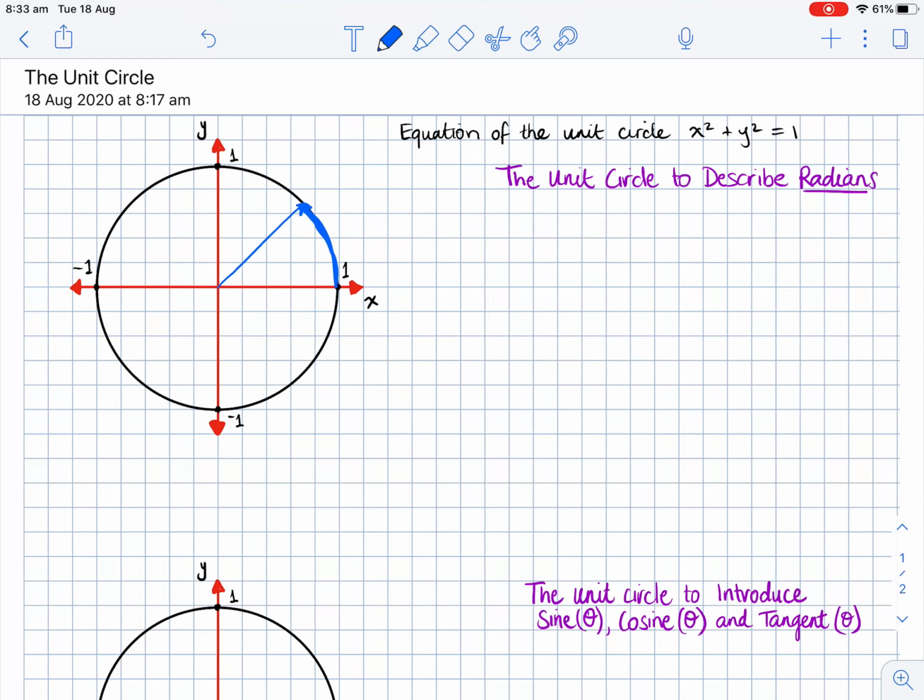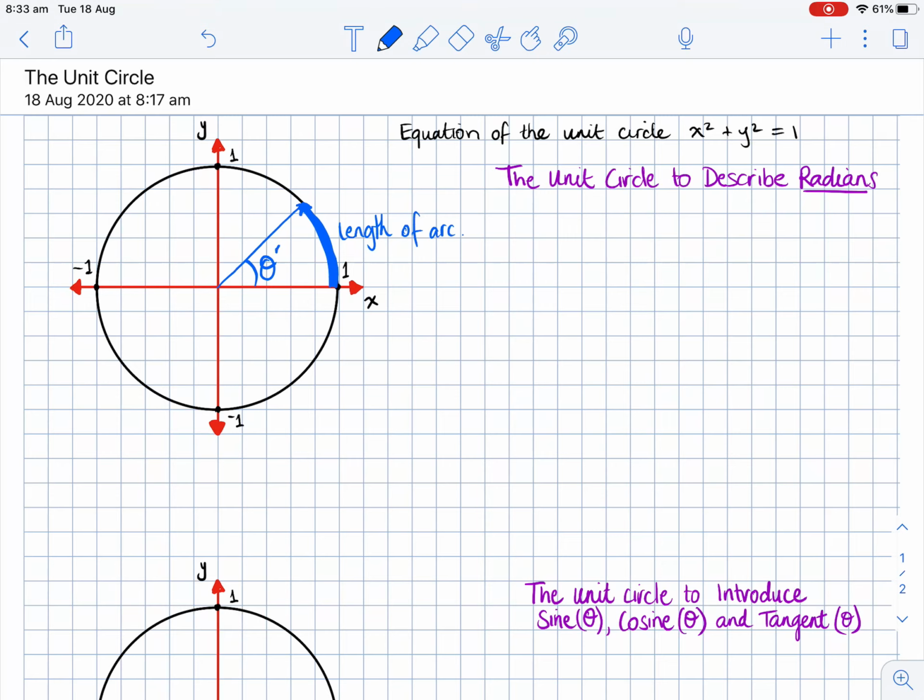So if I want to work out this angle in radians, I would be looking at what is the length of this arc. And I'll actually work that out soon, but not just right away. So the length of this arc here, that would be the measurement of this angle in radians.